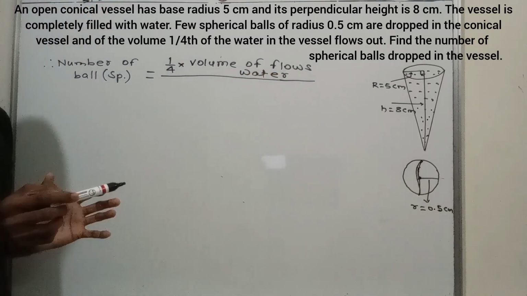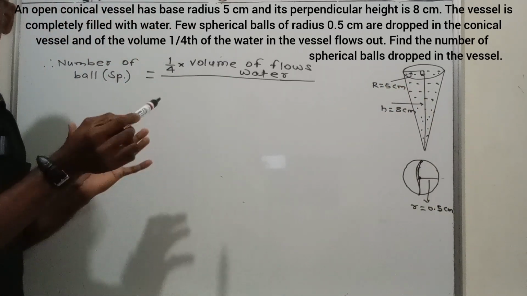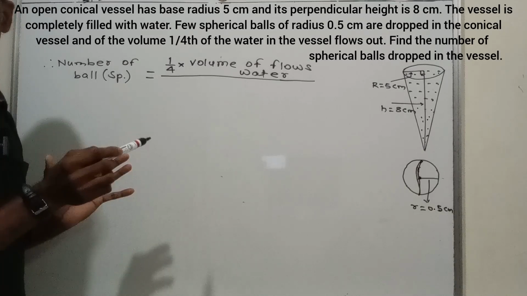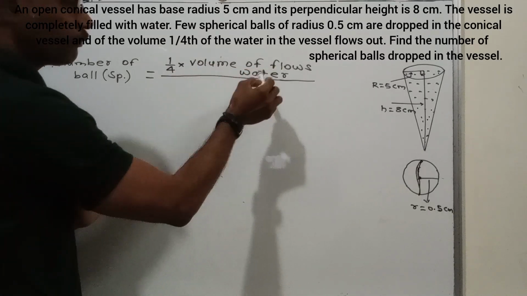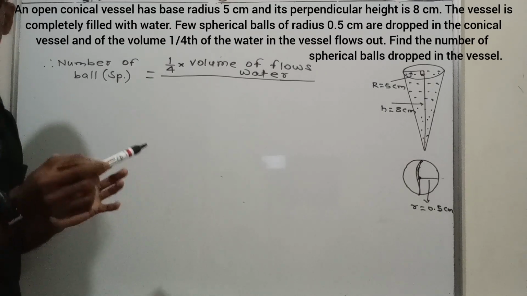Means that is conical, because this is conical in shape, so that is also in conical shape. Did you get it? Volume of flowed water, that is in the shape of cone.